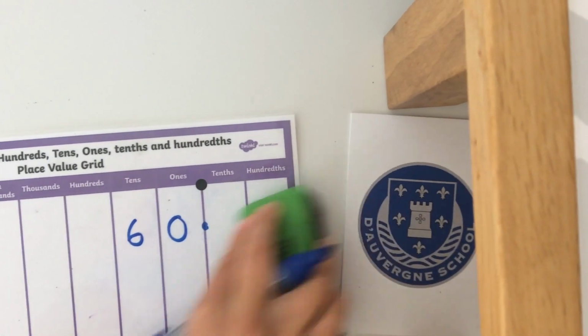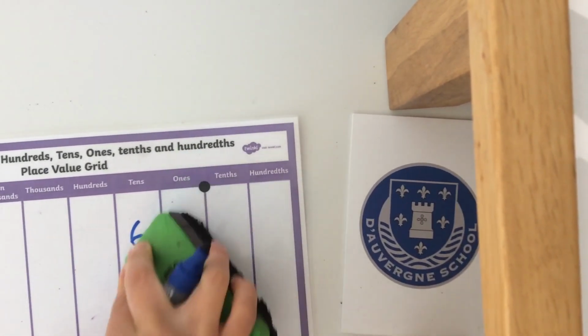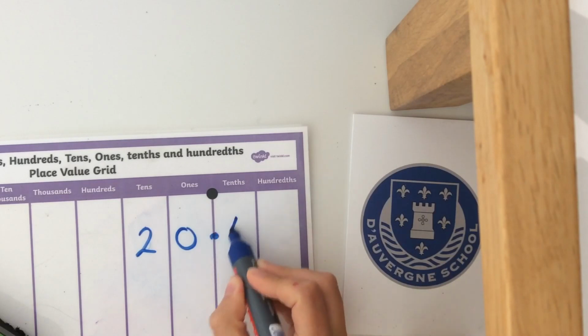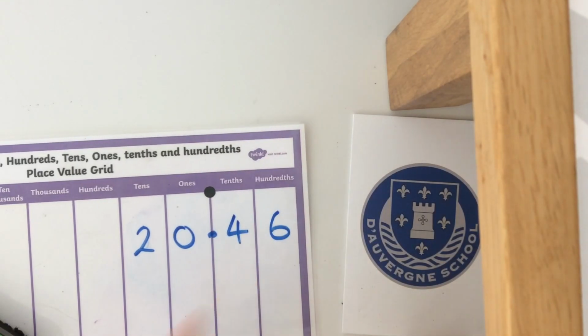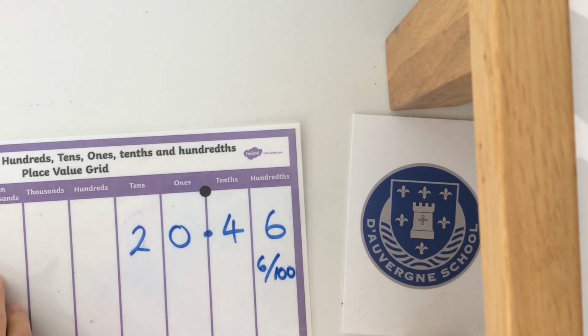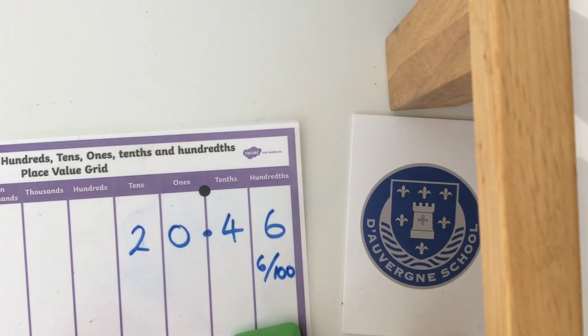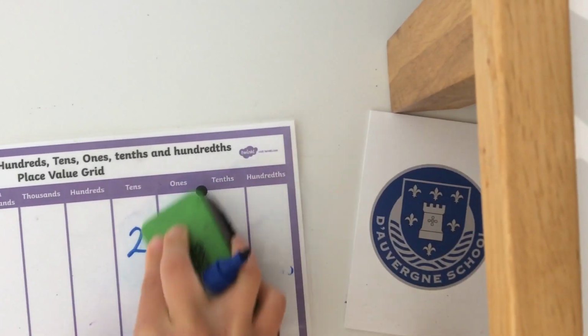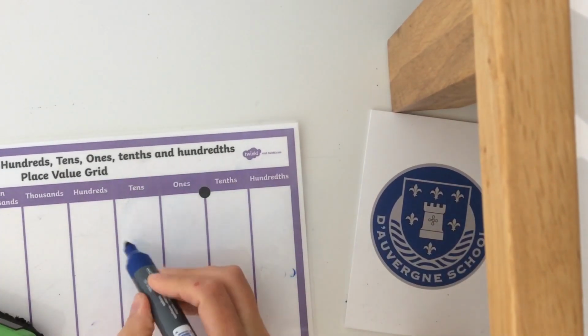Number 3, we have 20.46. What's the value of the 6? 6 hundredths. Number 4, we have 26.4.